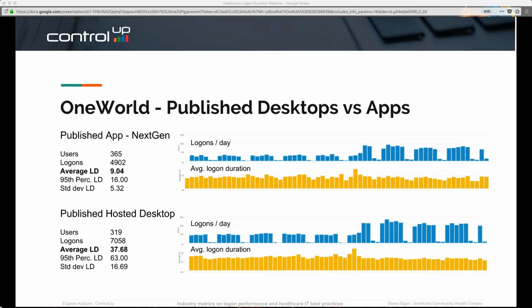The first one is NextGen, which is our medical record application. You'll notice a little over halfway through the top bar graph that the number of sessions, logons per day, is increasing, but subtly the logon duration is decreasing.